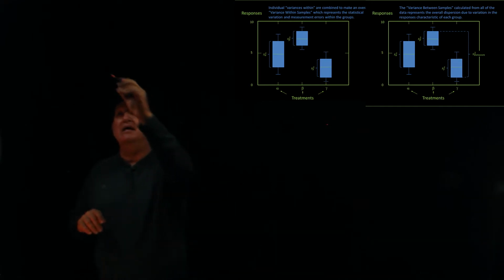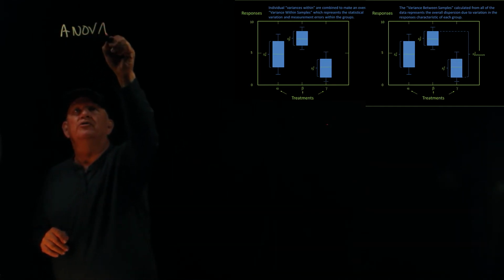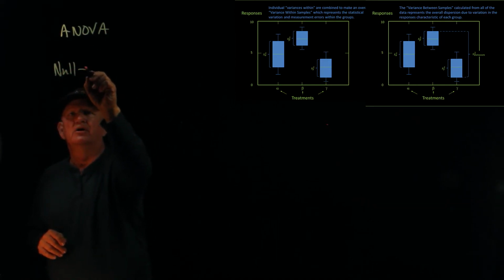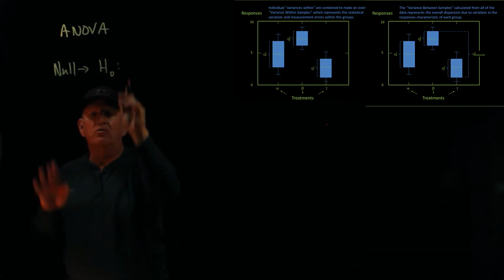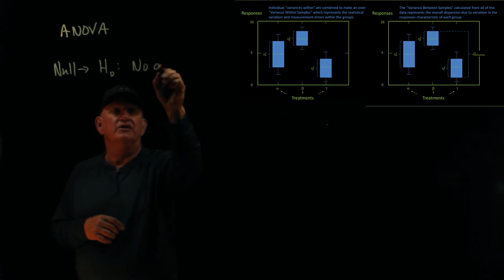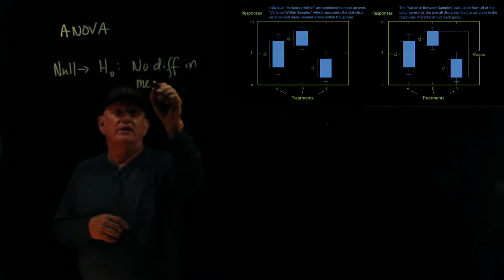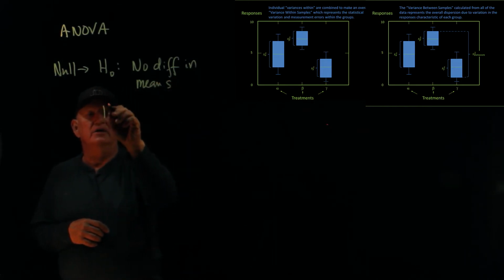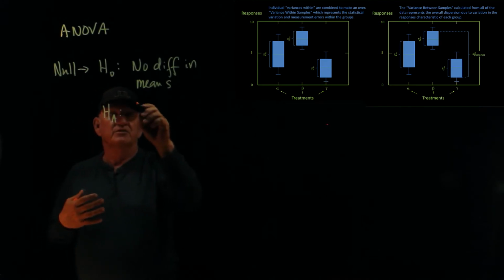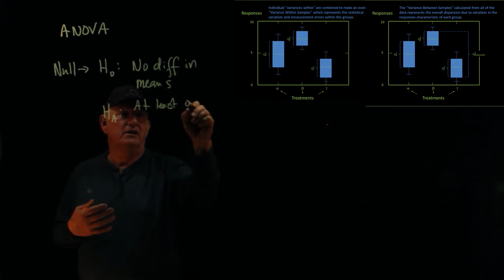First of all, let's back up a little bit and remember that in ANOVA, we're going to have a null hypothesis, and that null hypothesis is always going to be: no difference in the means. And the alternative hypothesis is going to say there's at least one mean that is different.